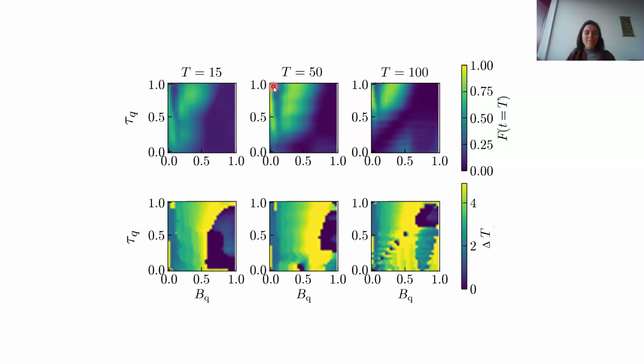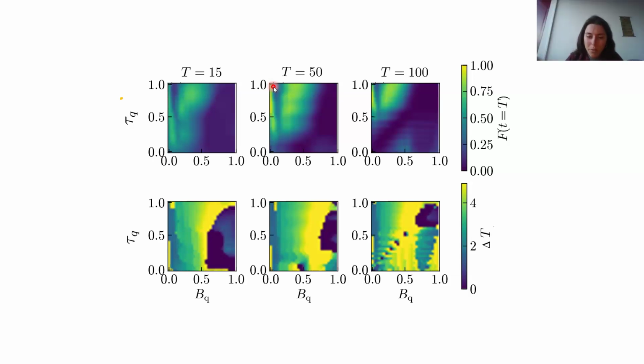Any additional questions? Did you look at the time dependence of your state overlap metric in the open system case?